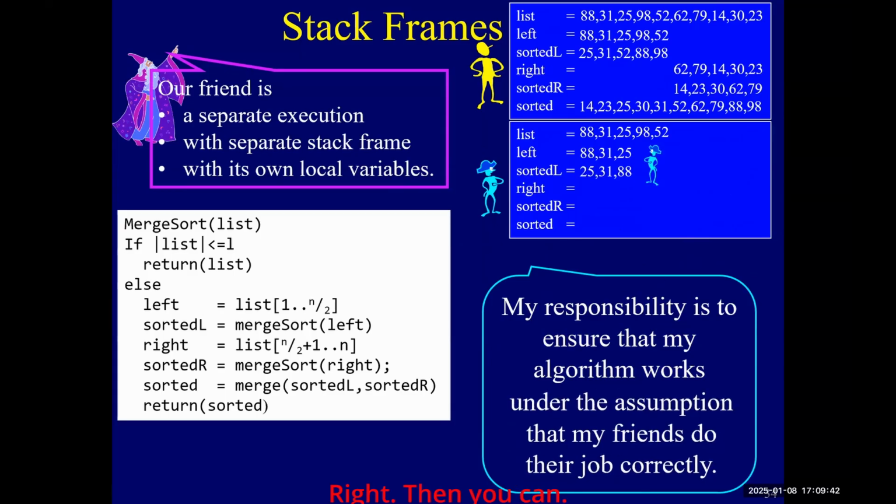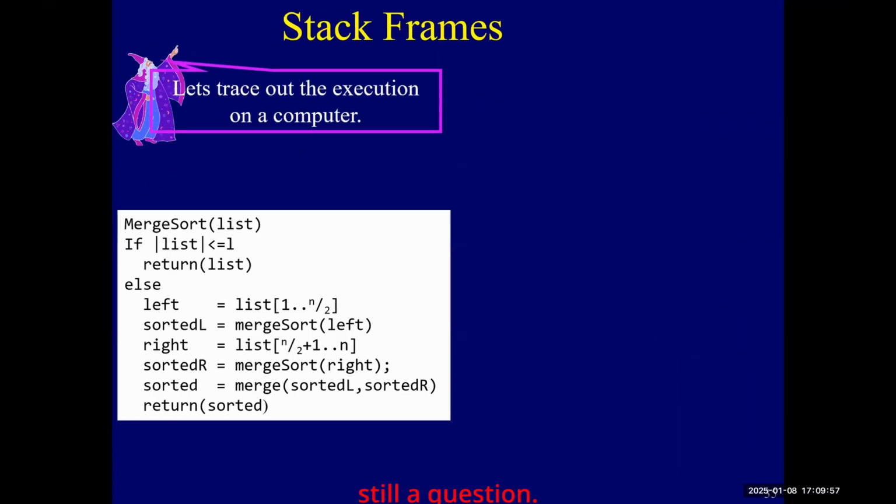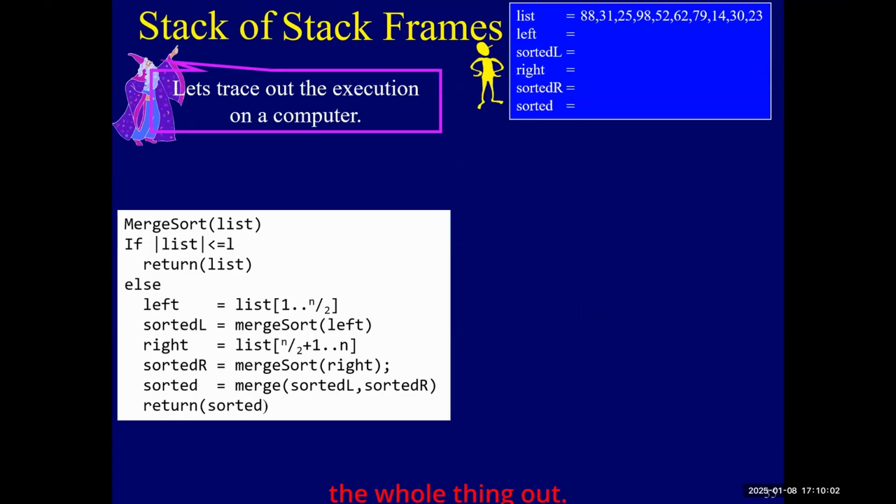Then we can trust our friend, and we go through it again, and that's how our friend works. But there's still a question. Now we can try to trace the whole thing out. That's why they call them stack frames, because you stack them up.